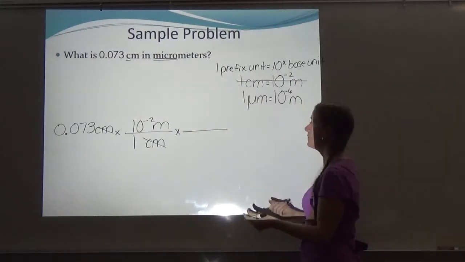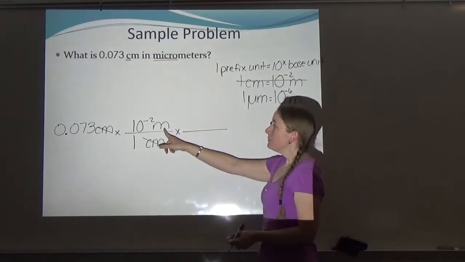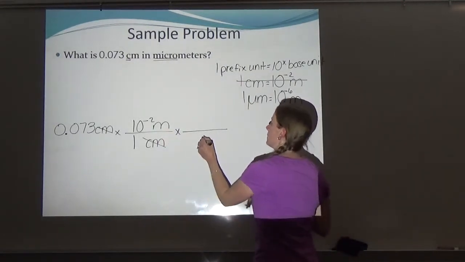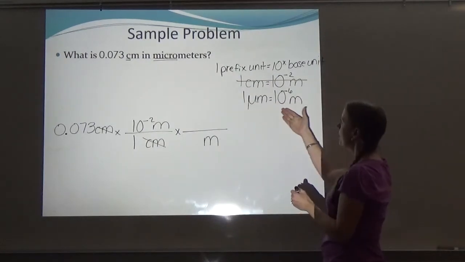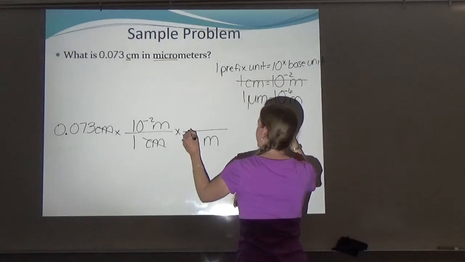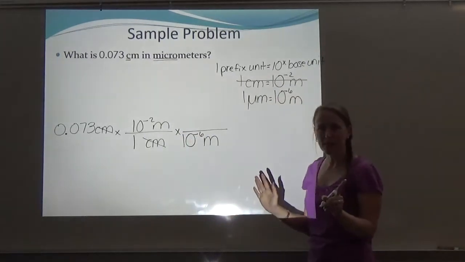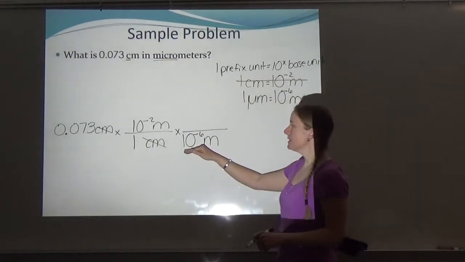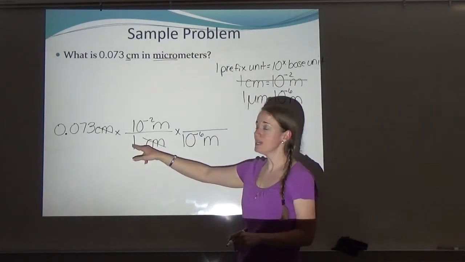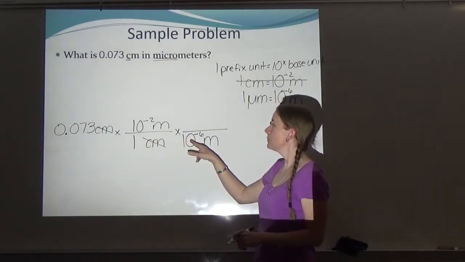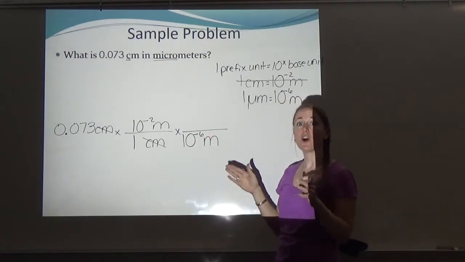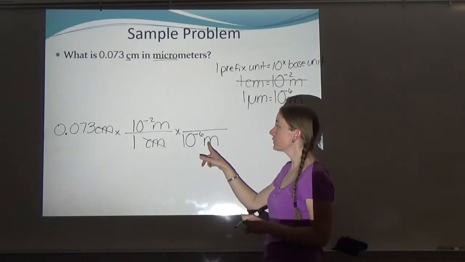Now we have meters on top, so we're still going to follow the golden rule. Meters goes on bottom. So I'll look up at my conversion factor. It's 10 to the -6 meters. Now let me point something out. A lot of you, when you get to this step, you think because you had the 1 on bottom here, you automatically need to put the 1 on bottom here. Remember, it doesn't work that way. It's all about following the golden rule for units.